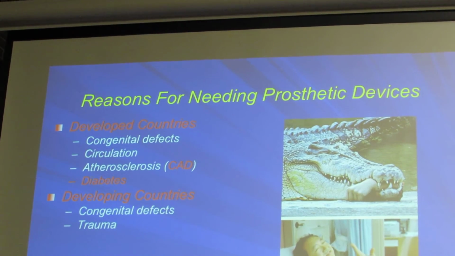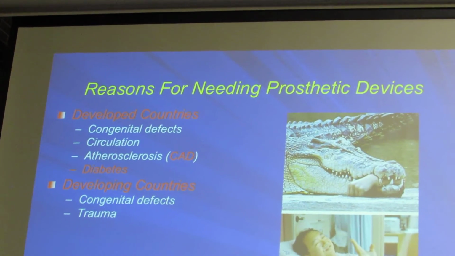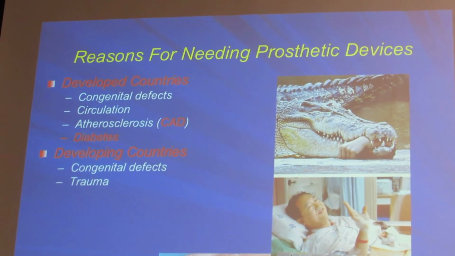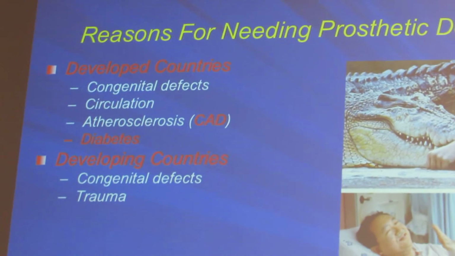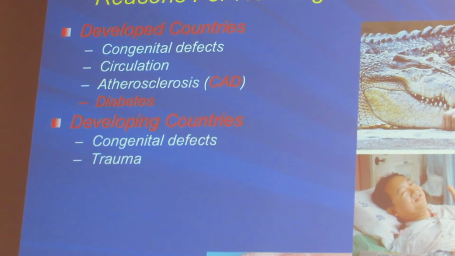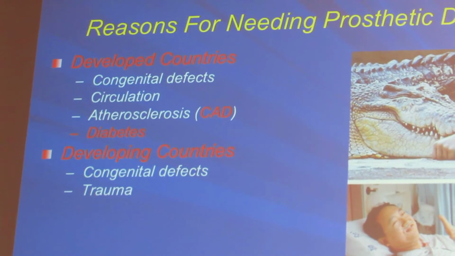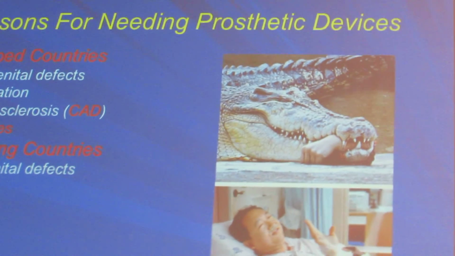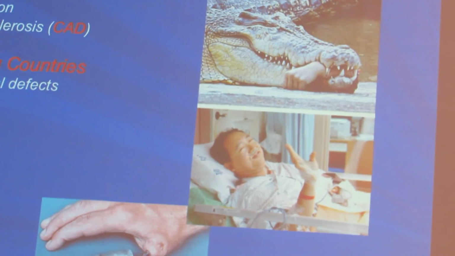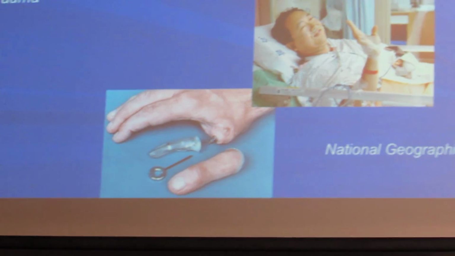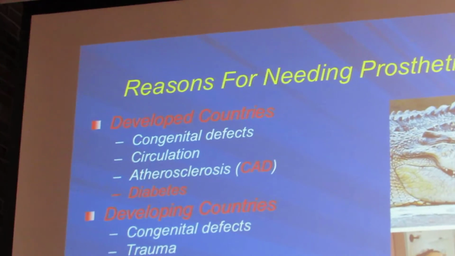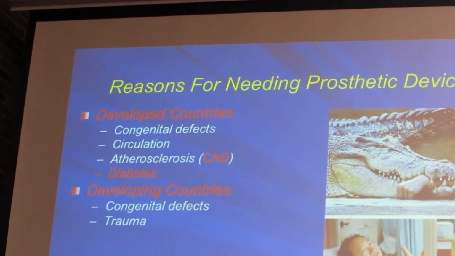Okay, so these are the reasons for needing prosthetics. You should know the types of reasons for each of the developed and developing countries. Congenital defects or birth defects, circulation, which goes into atherosclerosis, and CAD, which is coronary artery disease. What happens with coronary artery disease is you have ischemia of the lower extremities, so basically not enough oxygen, not enough blood is getting to your peripheral system, and you can eventually have ischemia in the legs leading to lower leg amputation.